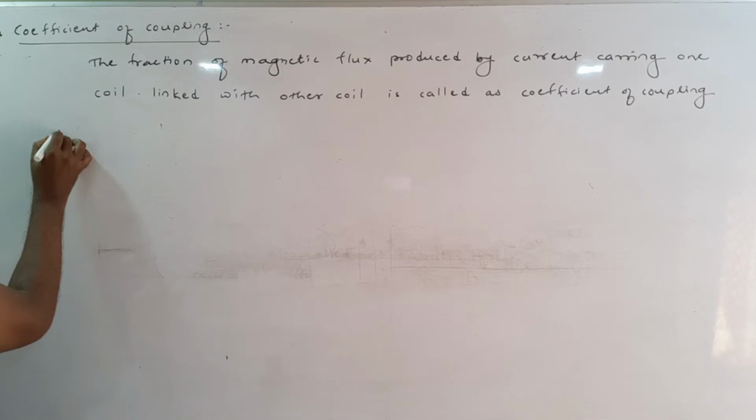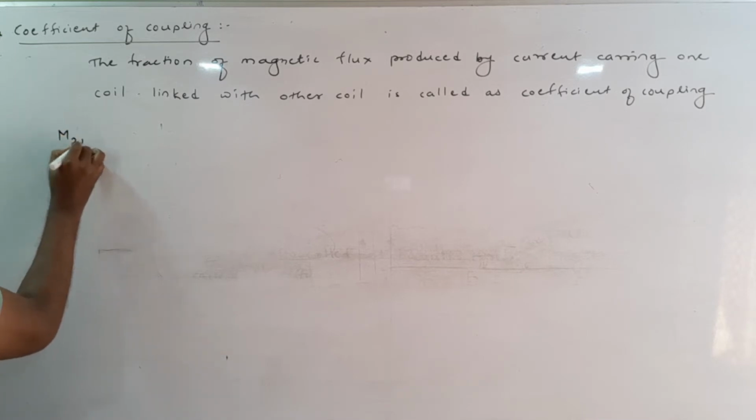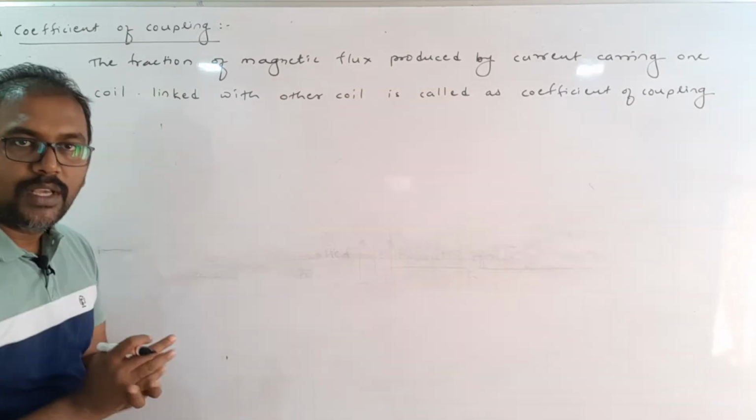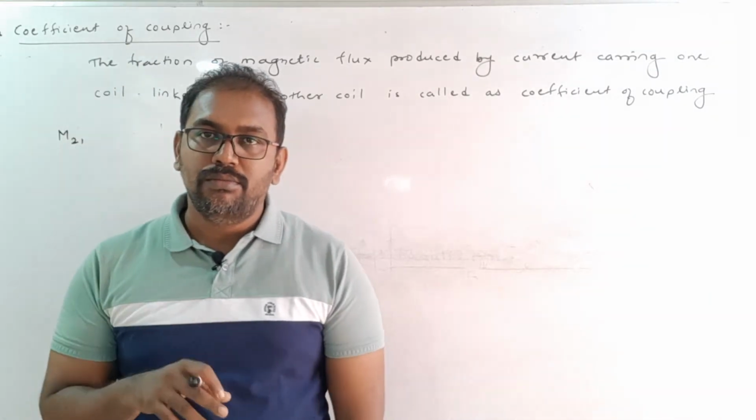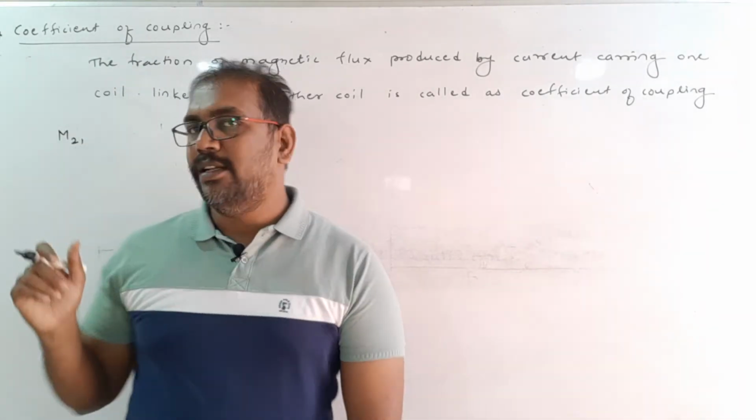Then I can write here the mutual inductance of coil 2 with respect to coil 1, the mutual inductance of coil 2 due to the current in coil 1.